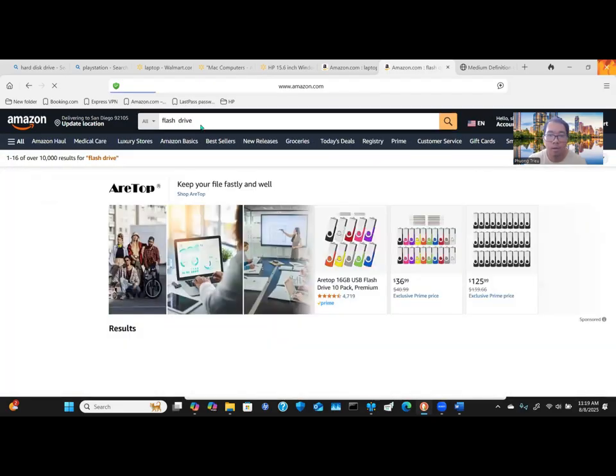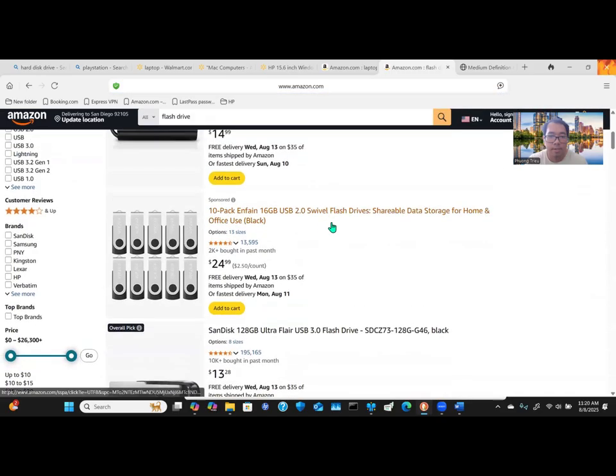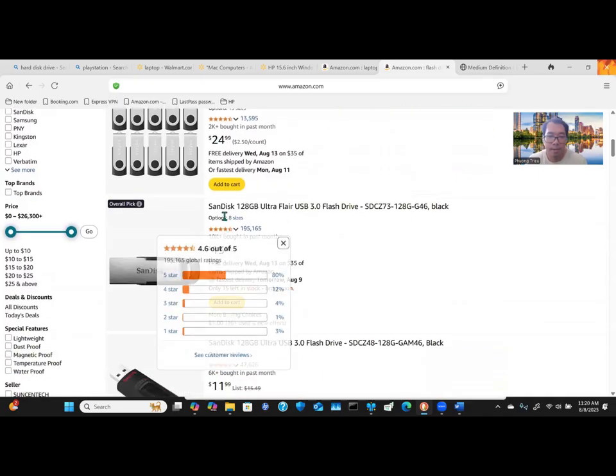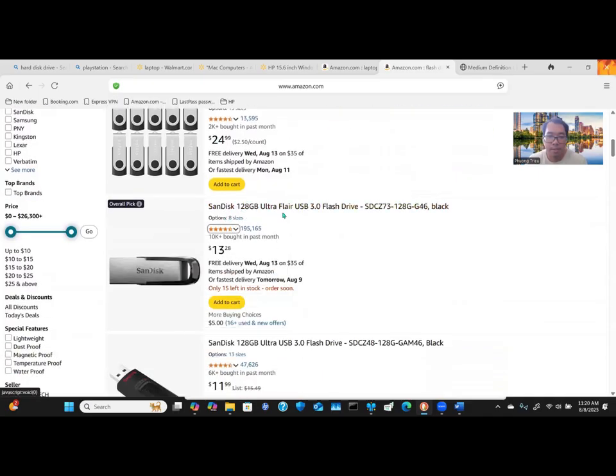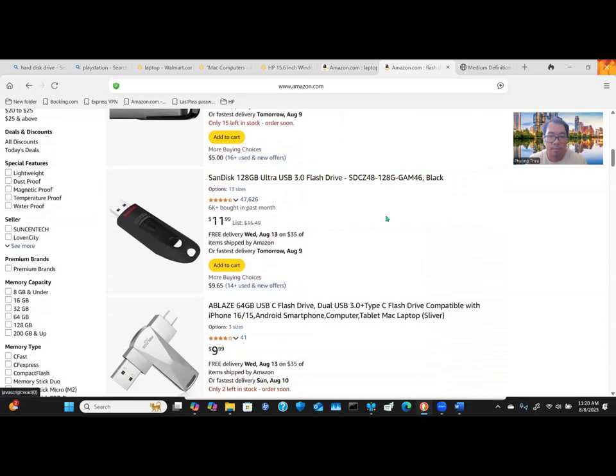Okay, flash drive here. Here you can see they provide information like 16 gigabyte USB 2.0 swivel flash drives, shareable data storage for home and office use, and SanDisk Ultra Flair.